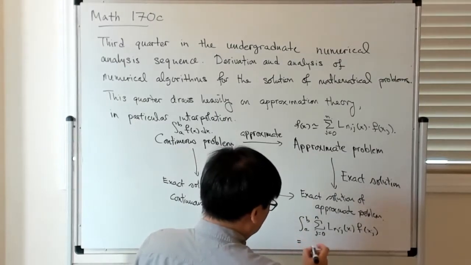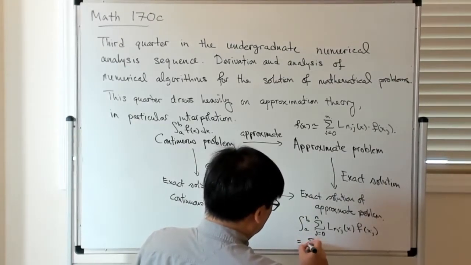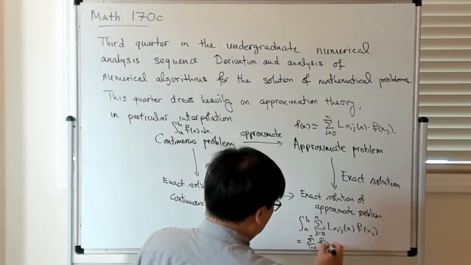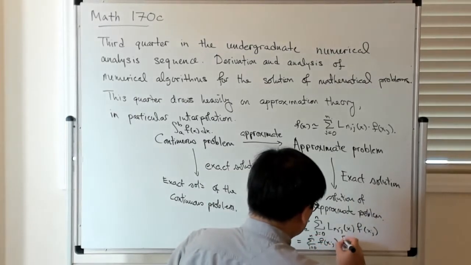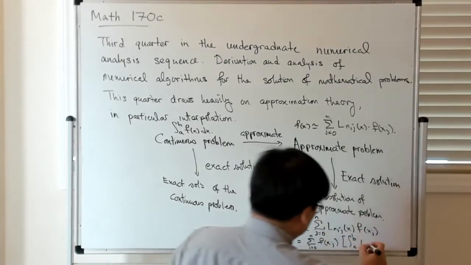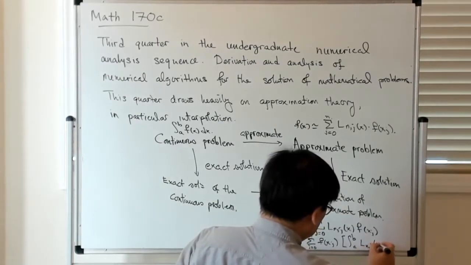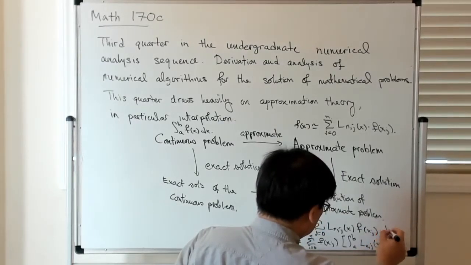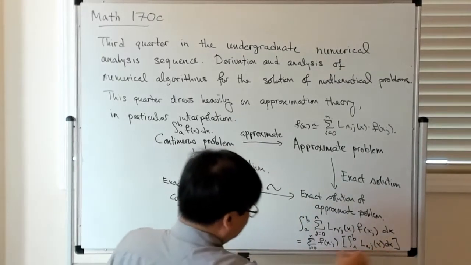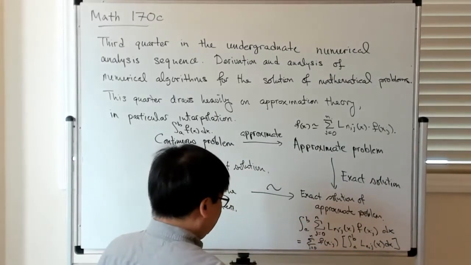So this is equal to the sum from j equals 0 to n of f(x_j) multiplied by the integral from a to b of the Lagrange polynomial associated with that. You can evaluate this, and that's just a weight. Then this is the function value at the point.